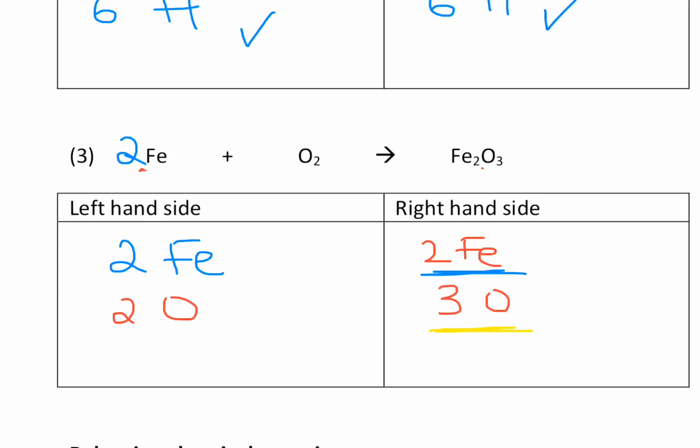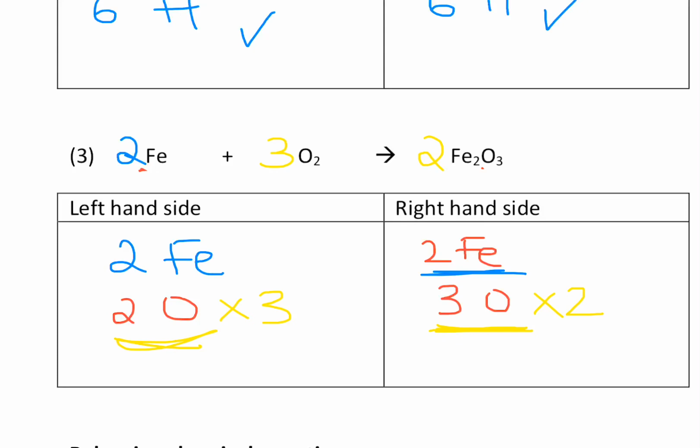So there is 3 oxygen and 2 oxygen. So what I will do, I will multiply this by 2 and I will multiply this by 3 so that they turn into 6. So let's see. So I'll put a 2 here and I will put a 3 here.